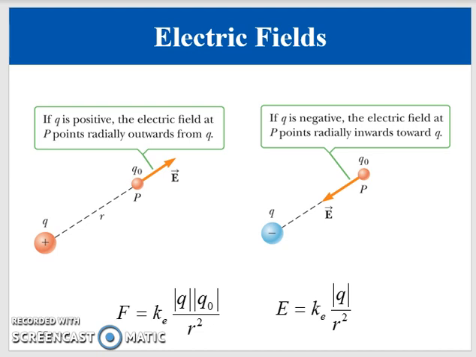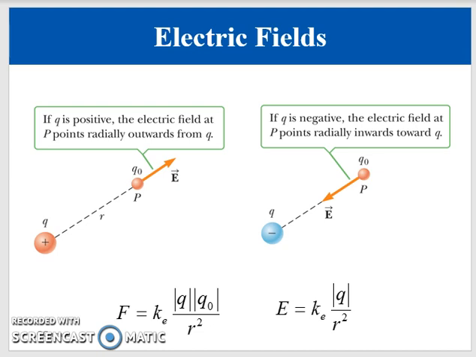And so again, because this is an inverse square law behavior, the closer I get to my source charge, the stronger the electric field is going to be, and the further out I move from my source charge, the less the field is going to be. Now, if I look at the two situations here, my plus Q with my test charge Q naught and my negative Q with my test charge Q naught, what I would do is I would actually measure the same field strength at point P, assuming that both Q's had the same amount of charge.